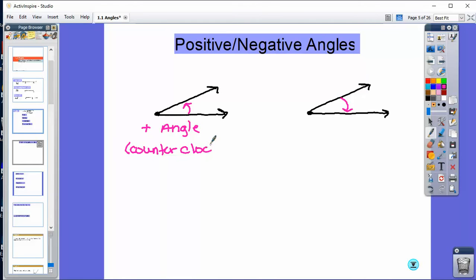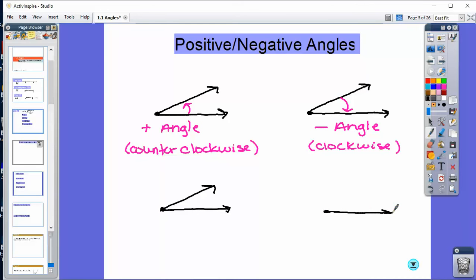This is considered a negative angle. This one is turning clockwise. Another example for positive and negative.